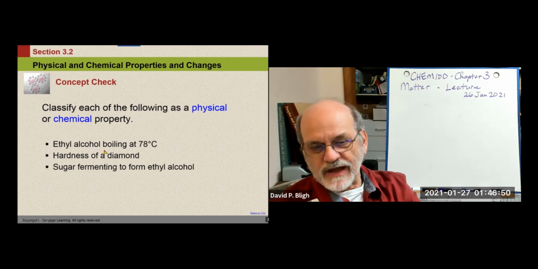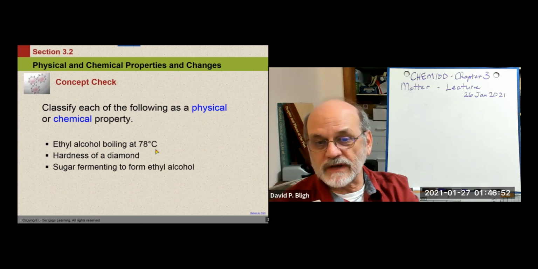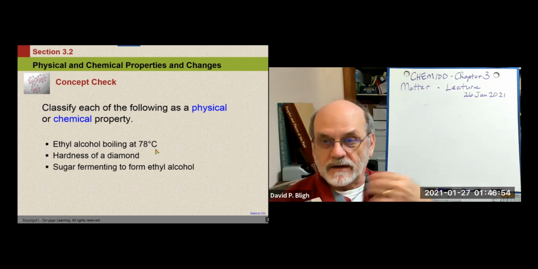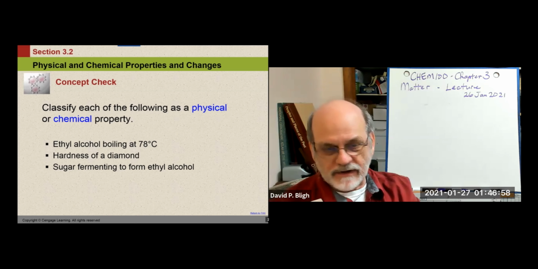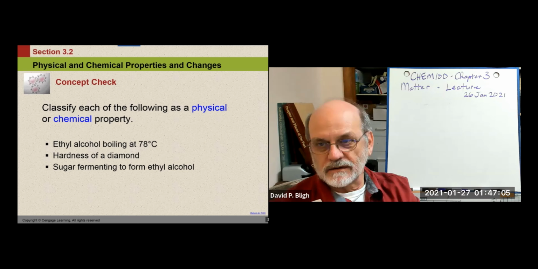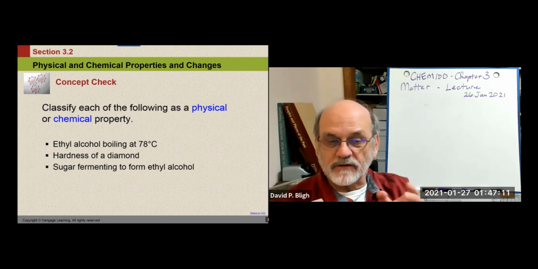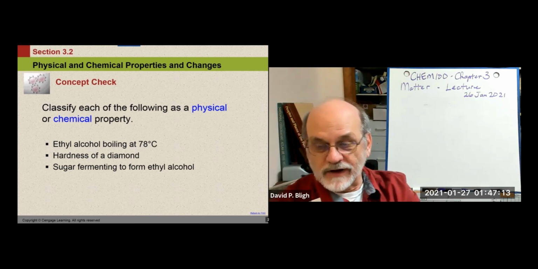So this would be: ethyl alcohol has a boiling point at 78 degrees centigrade. That's a physical property. The hardness of diamond, a physical property. Sugar ferments to form ethyl alcohol. It can ferment. That's a chemical property. We're changing a substance from sugar to ethyl alcohol.